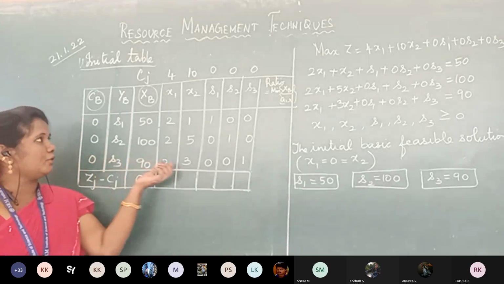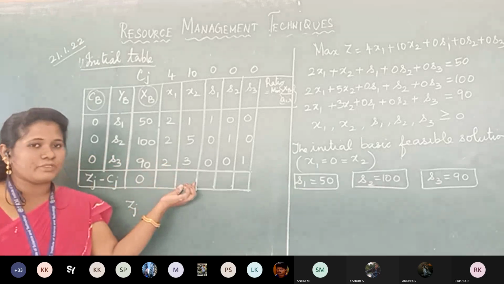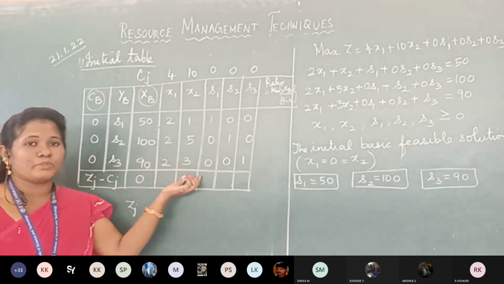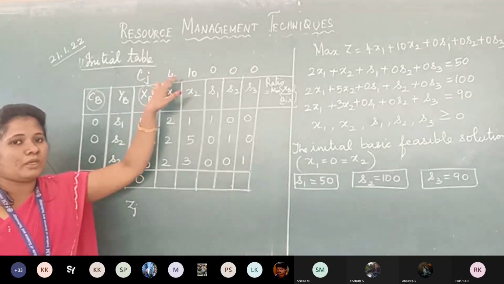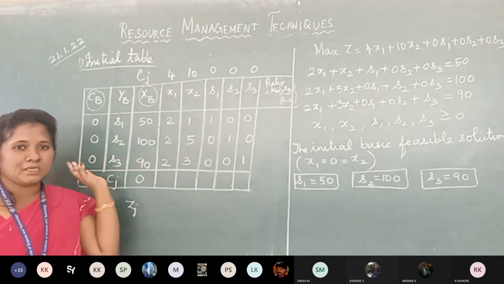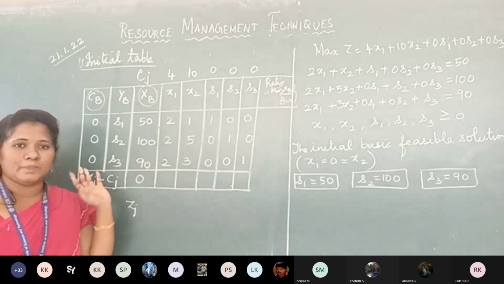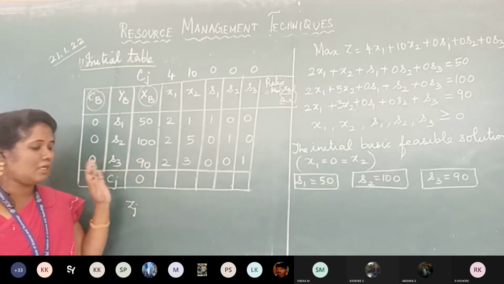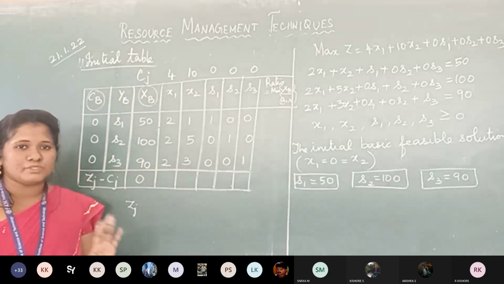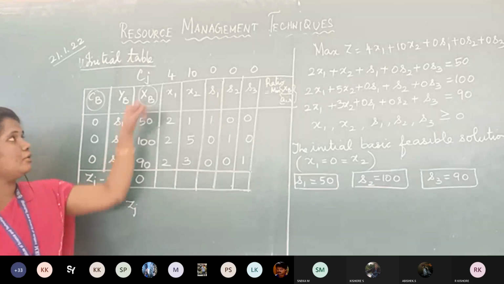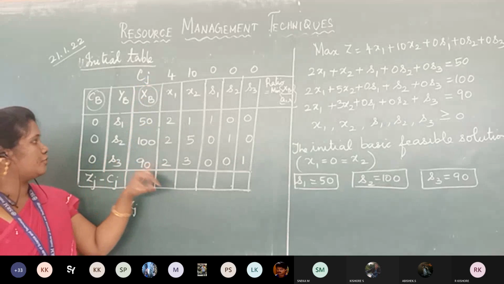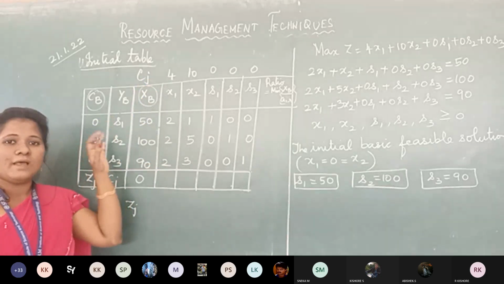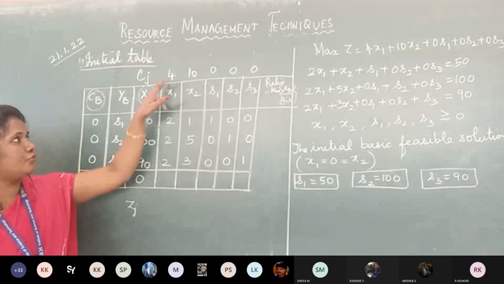For the next value, CB into X2, that will be your ZJ minus your CJ. Now since your CB is 0, anything you multiply will become 0. So you'll be having only your CJ. When you do it for your X1 also, since everything is 0, that will become 0 minus 4.